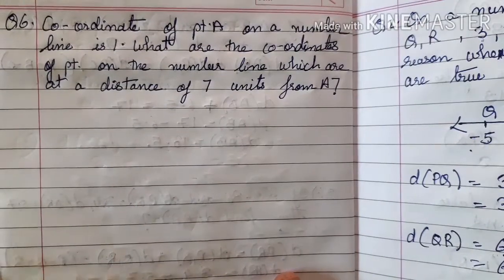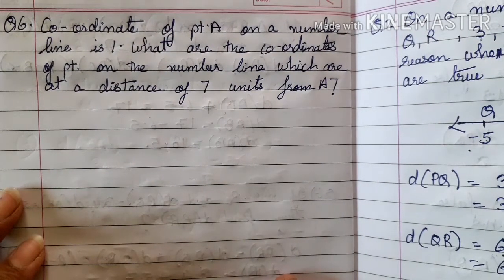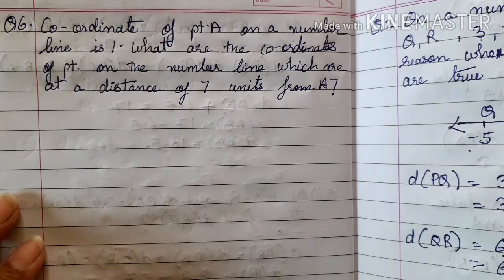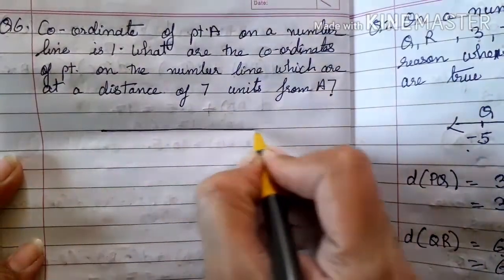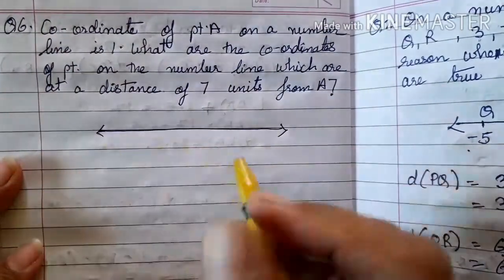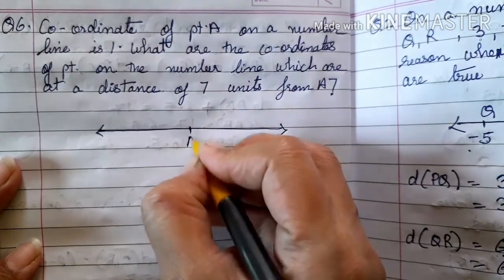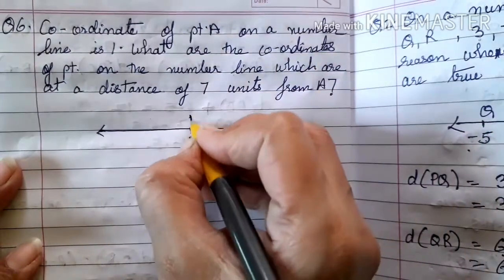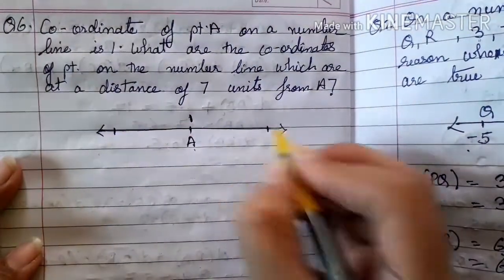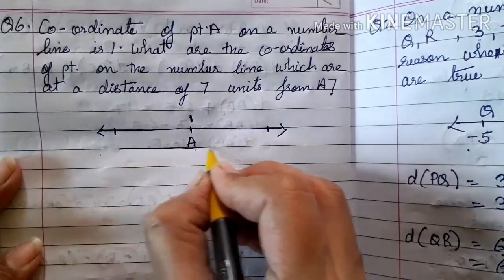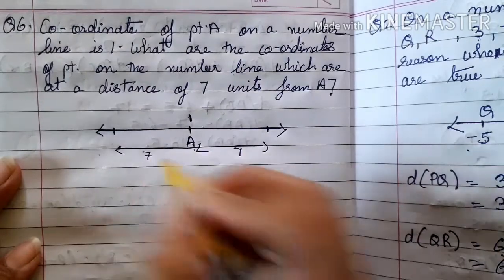Coordinate of point A on a number line is 1. What is the coordinate of the point on the number line which is at a distance of 7 from A? Now, for this, again we have to draw a number line. Use a scale for drawing a number line. I am drawing in a rough way. So, first we have to draw A, and its coordinate is 1. Got it? And both the points are at a distance of 7, 7 from here, 7 from here as well.